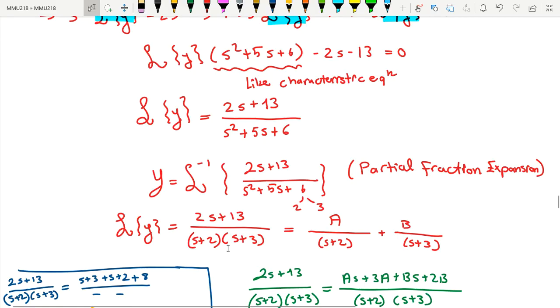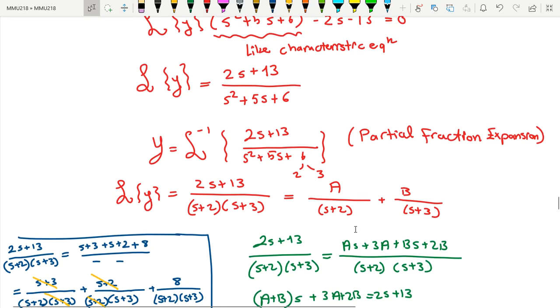So I need to sort them into partial fractions like a over s plus 2, b over s plus 3. If I find what a and b are, then I will be able to take the inverse Laplace of this expression, which looks familiar now because there's a little s shift here, and that will be some exponential function that I'm going to be chasing after.